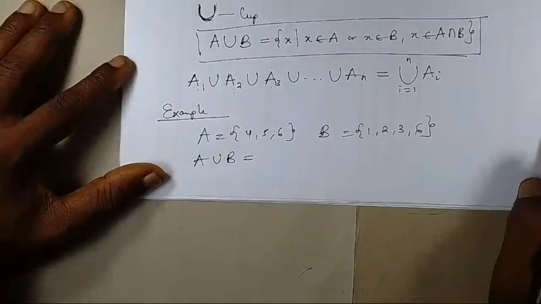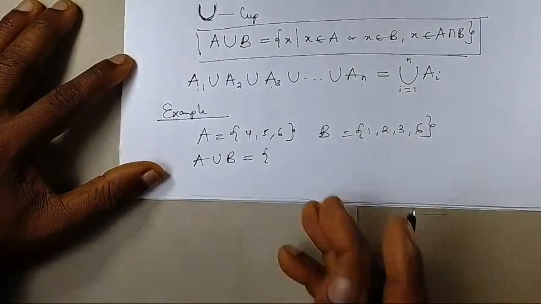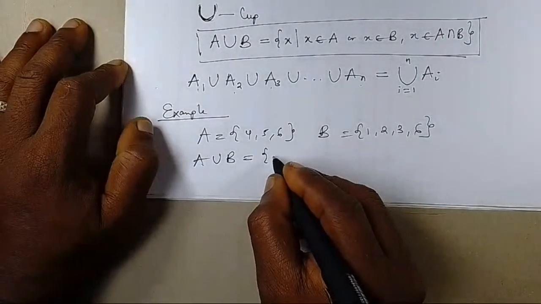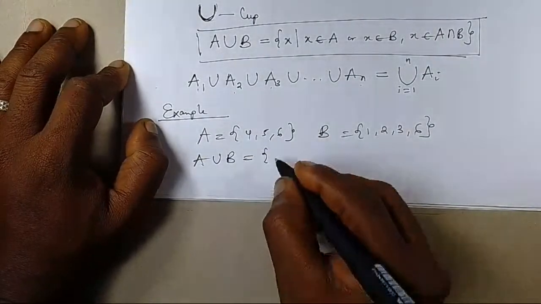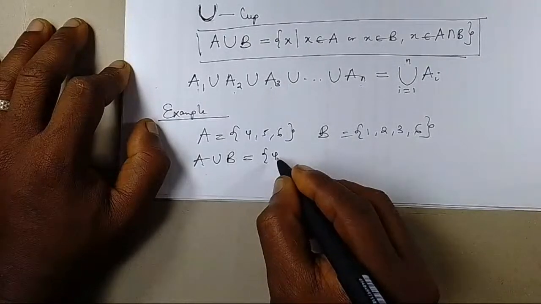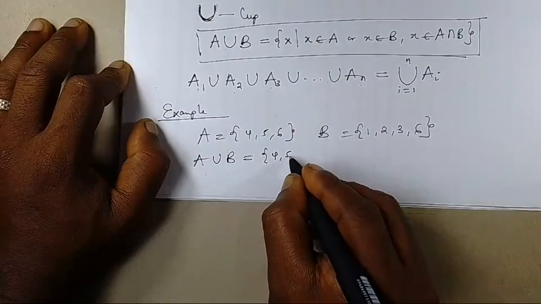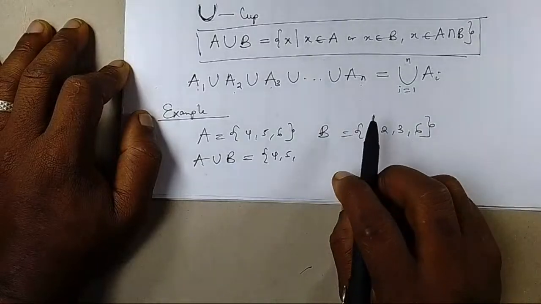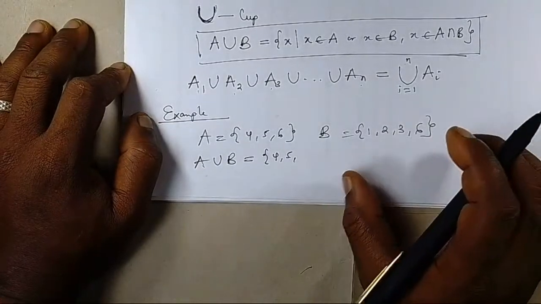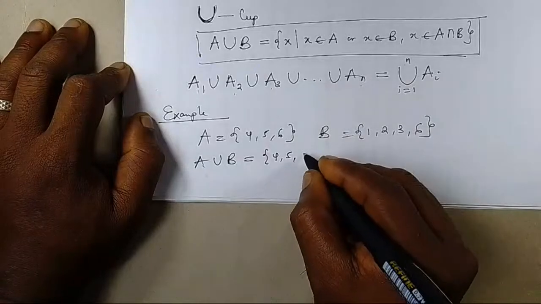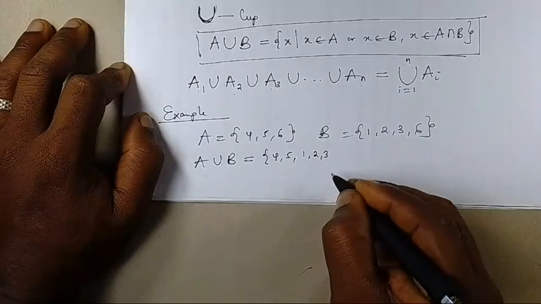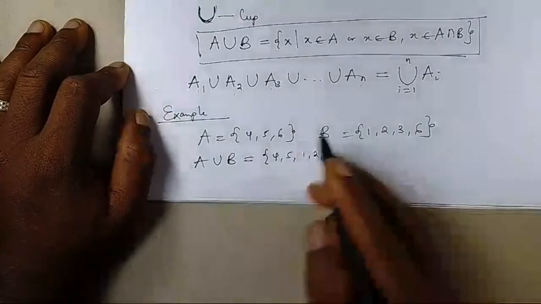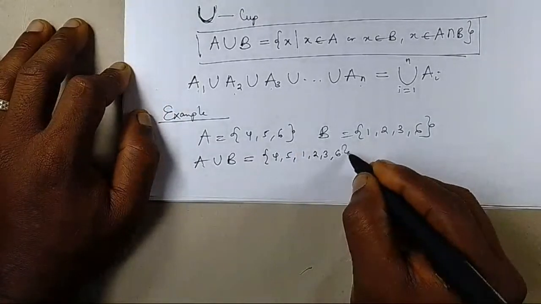A union B will be the set that contains elements found only in A, only in B, and in both. First, the elements found only in A and not in B are 4 and 5. Coming over to B, the elements found only in B are 1, 2, and 3. Then what element do you find in both of them? You have 6.